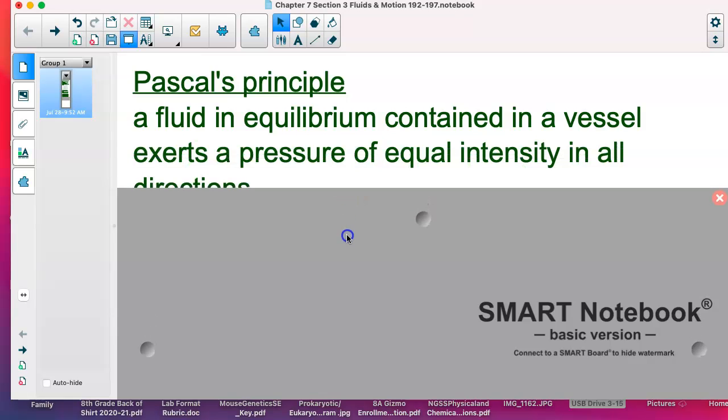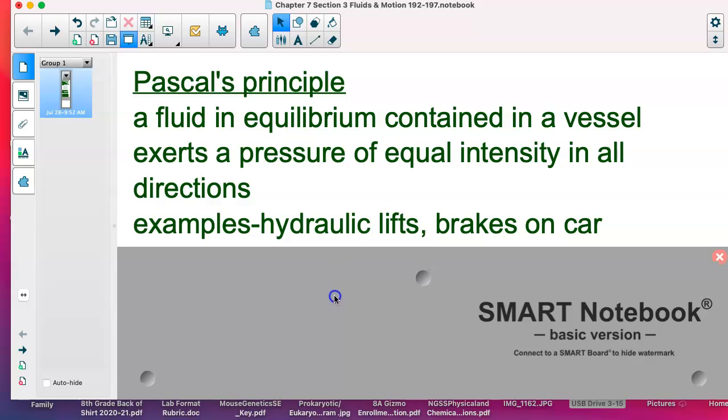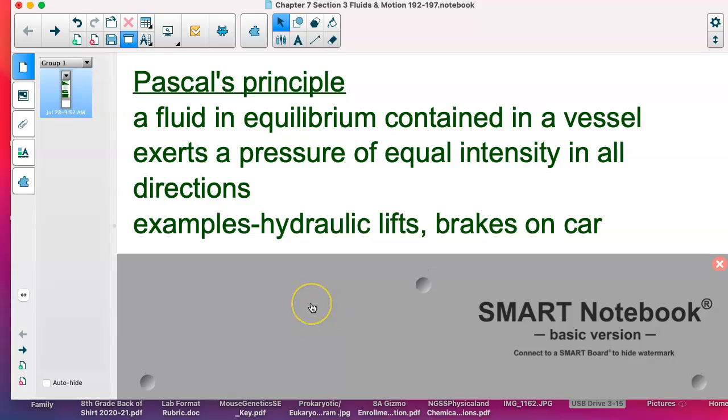So we also have what's called Pascal's principle, or Pascal, depending upon how you pronounce it. So he said, a fluid in equilibrium contained in a vessel exerts a pressure of equal intensity in all directions. So if you remember a few weeks back when we were talking about balloons, when you blow up a balloon, the pressure is exerted in all areas of that balloon evenly. So it's not like one side experiences more.